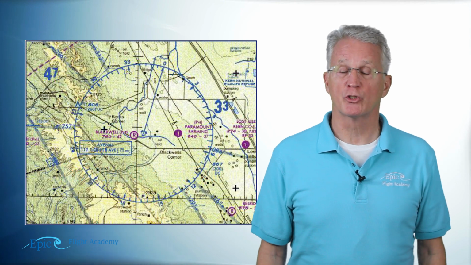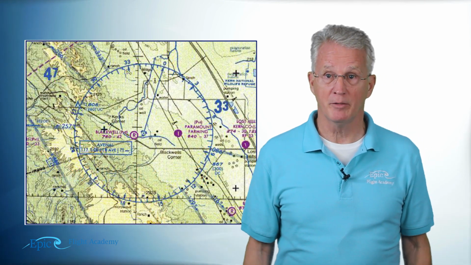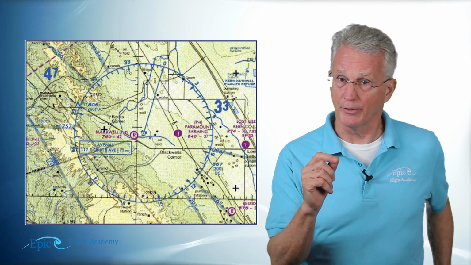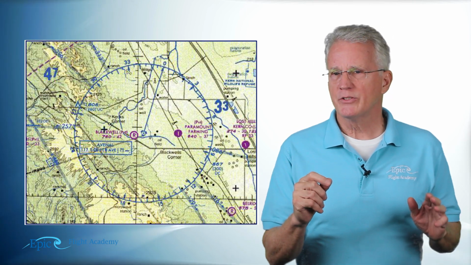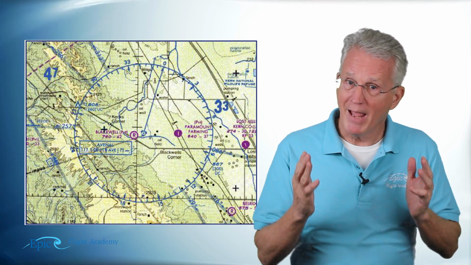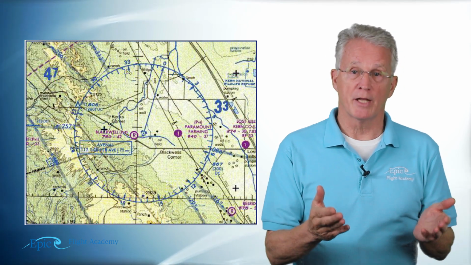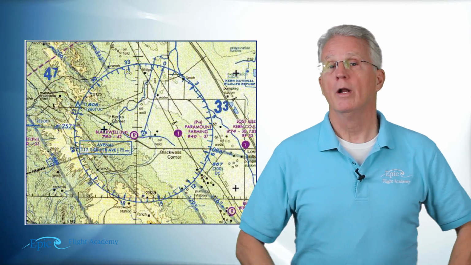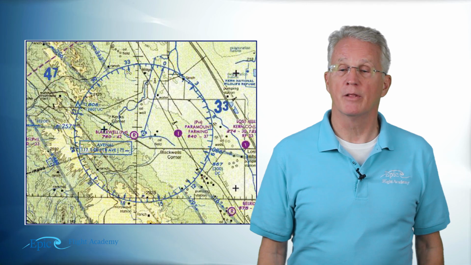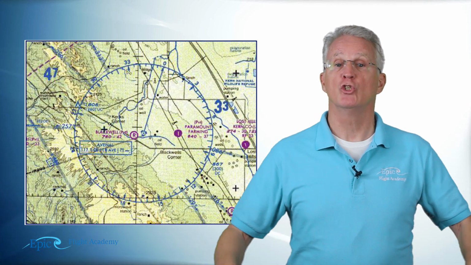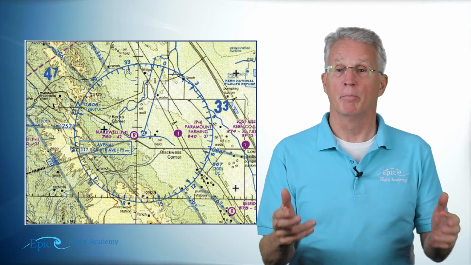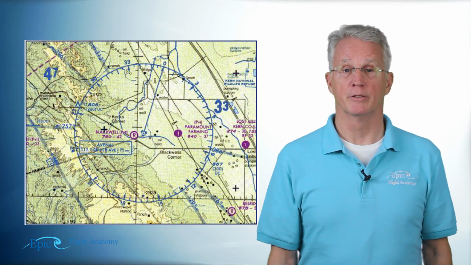These MEFs are shown in each square defined by latitude and longitude, and they will show either the highest elevation of any man-made obstacle within that square plus 100 feet, or the MEF may be the highest elevation of any geographic obstacle within that square plus 200 feet.